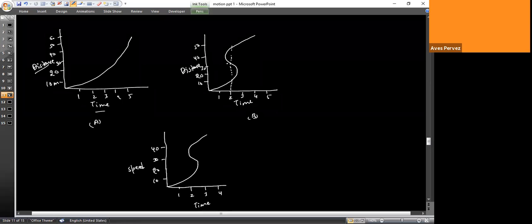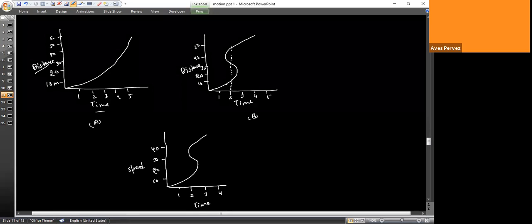Is it possible for a single object to have 3 different positions at a single time? No, it is not possible. A car cannot have 3 different positions at a single time. So any graph that cuts the time axis more than one time is an impossible graph.